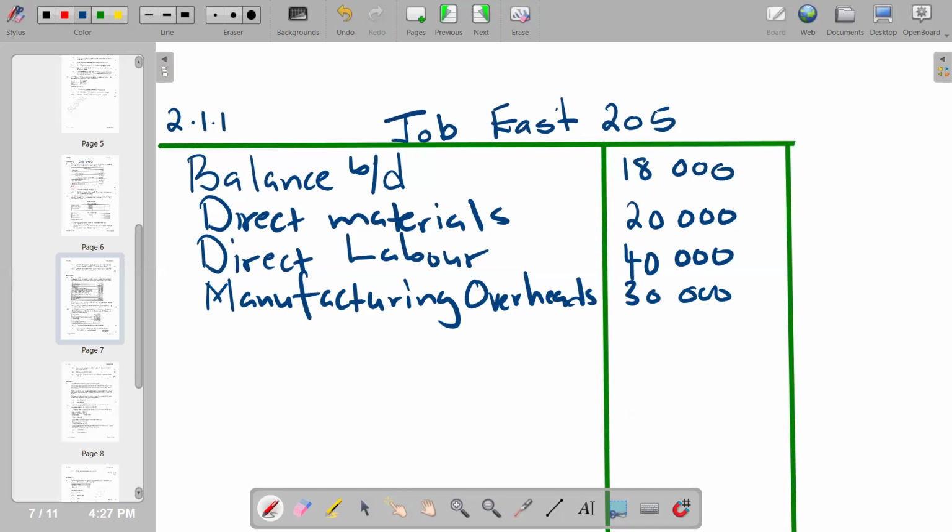We can now add the balance b/d plus direct materials plus direct labor plus manufacturing overheads, and then we get the total production costs.